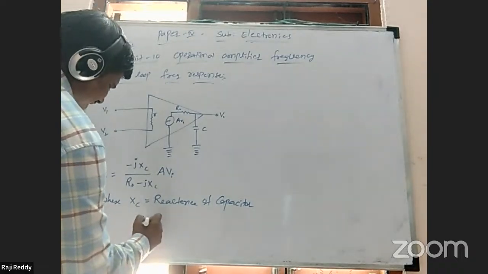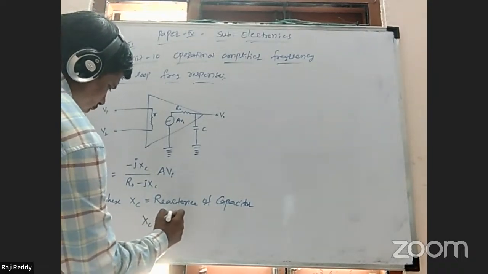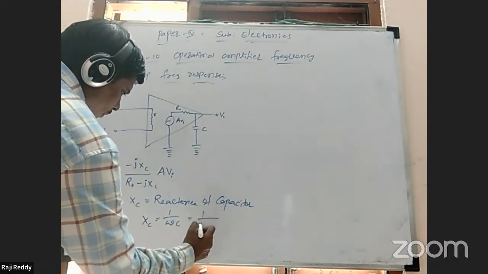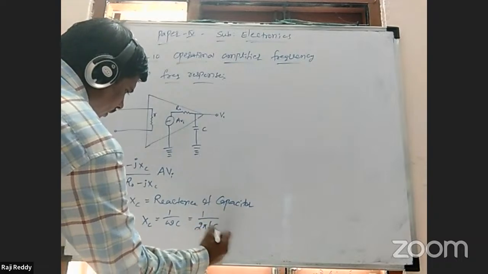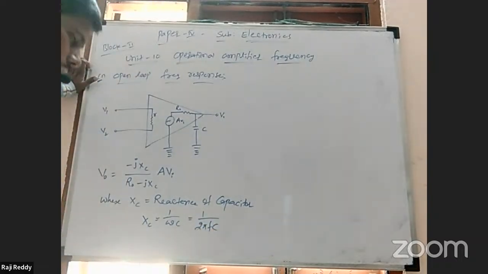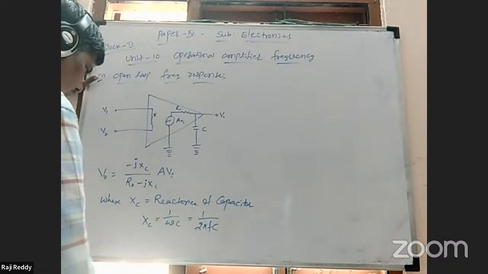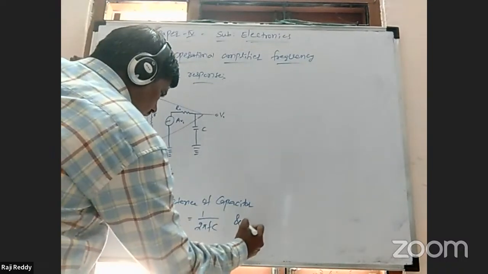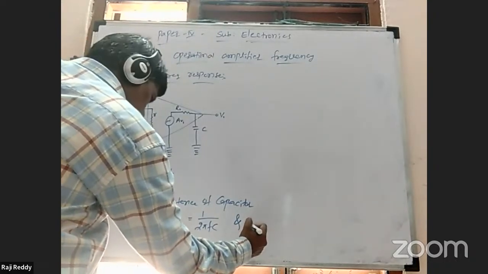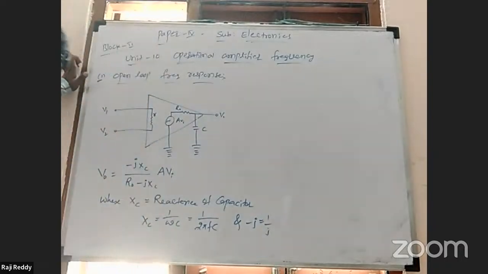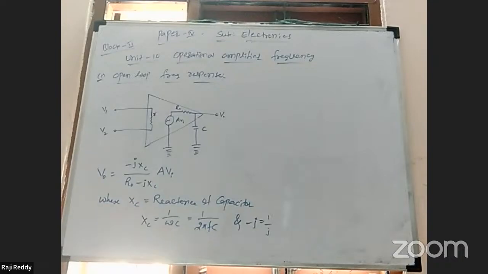That value XC is equal to 1 by omega C, where omega is equal to 2 pi f, so 2 pi f into C. And one more thing: minus j can be written as 1 by j. This XC value and minus j value you can substitute in this equation.